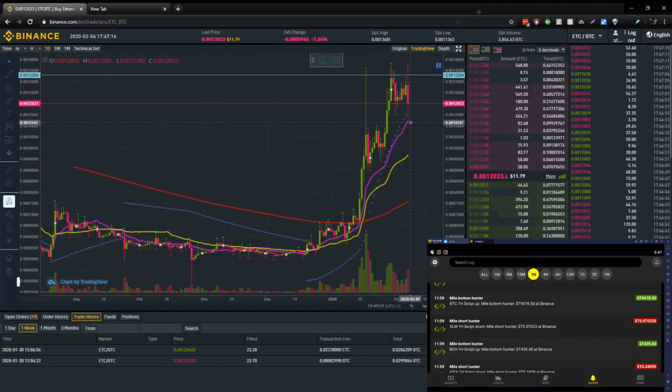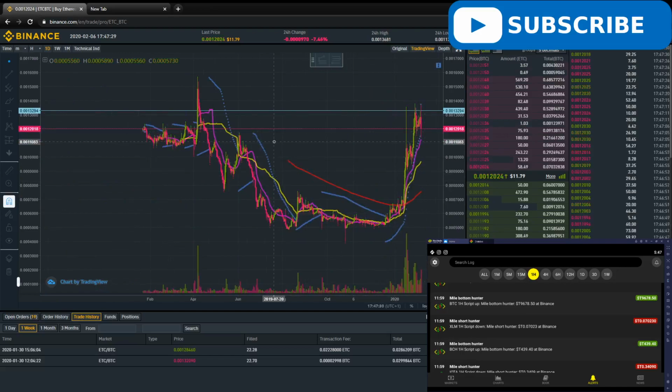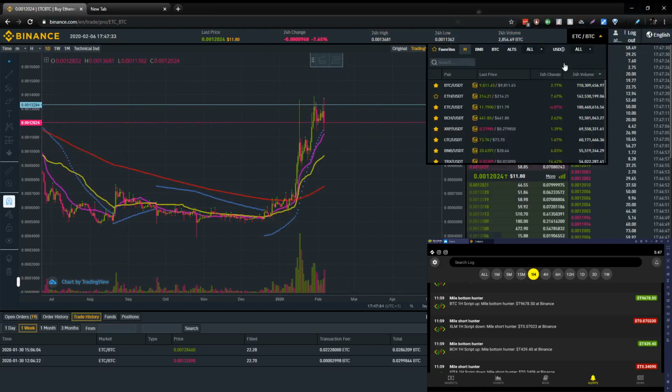ETC BTC double top, and currently if you're trading fractals, here is your exit, because this fractal is broken and it will probably go lower on the ETC BTC. So ETC BTC short.